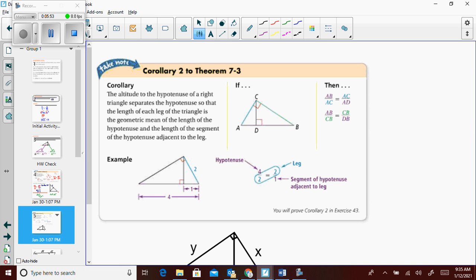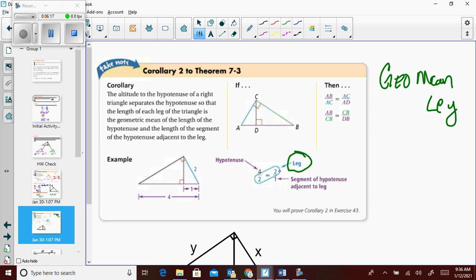Next one, corollary 2, which we're going to call geomean leg, right? Because in this case, we have the leg. So we still have our altitude from the right angle. Now we have the value of the leg.